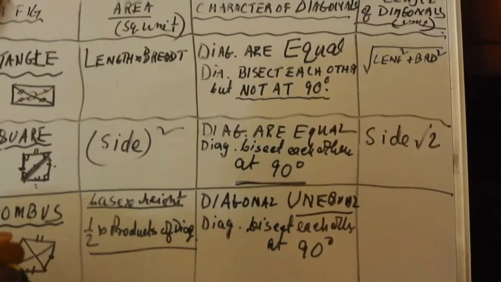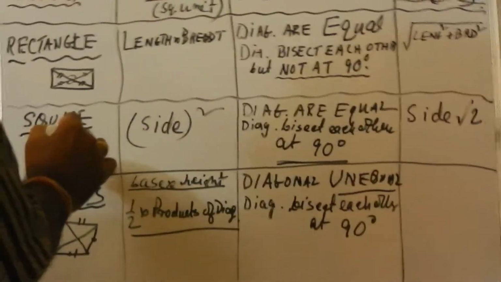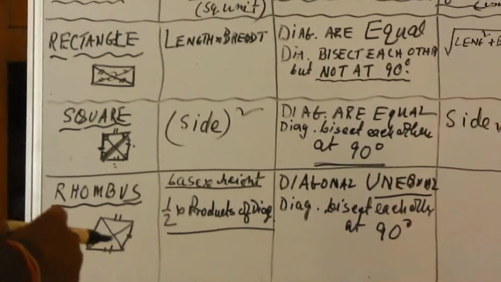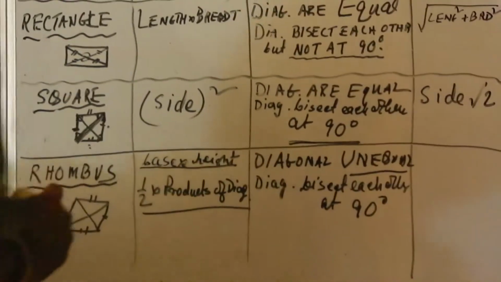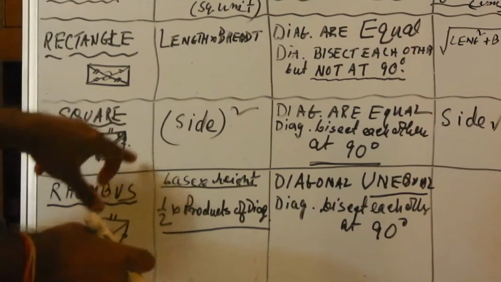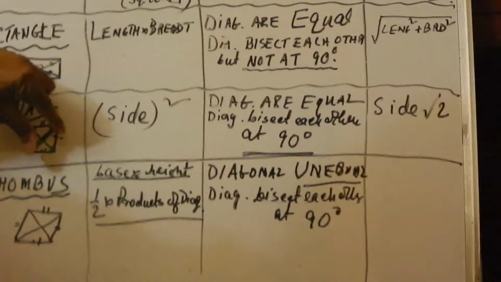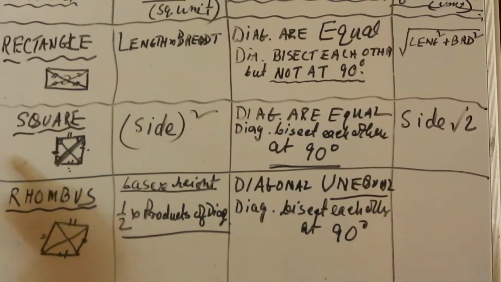And another point I forgot to tell you, that the diagonals in the case of a square and a rhombus also, these four angular points, they are in between two sides. There are four angular points.